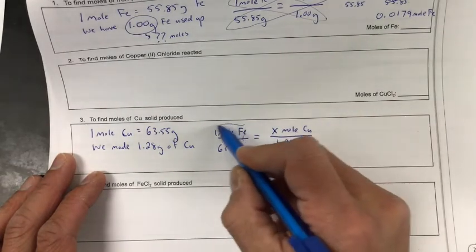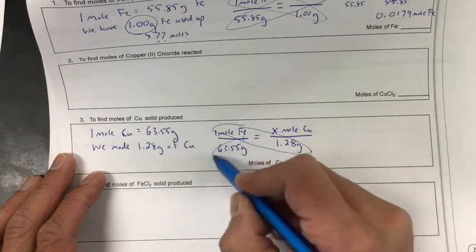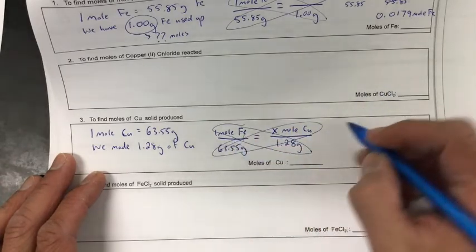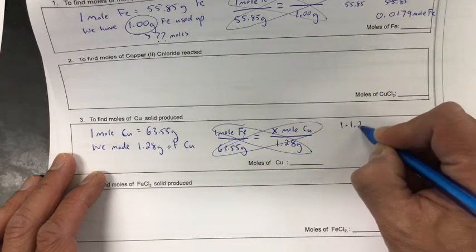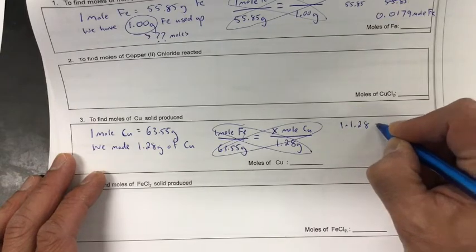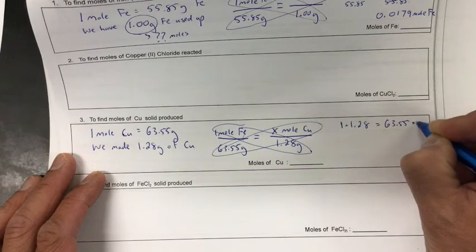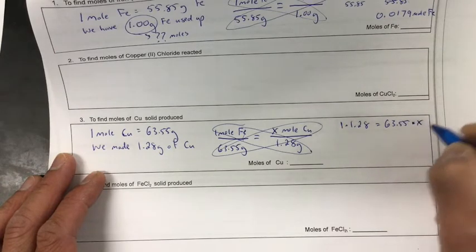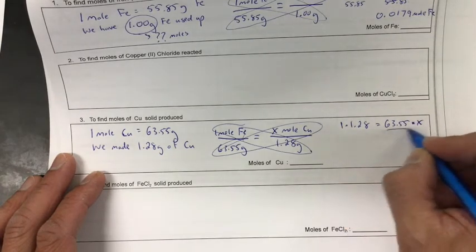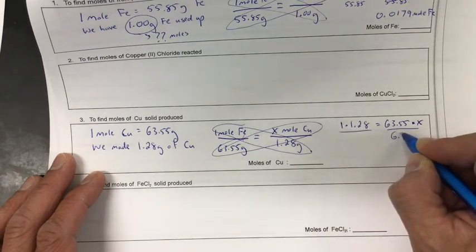And so I do my cross products. Okay. 1 times 1.28 equals 63.55 times X. And I'm going to divide both sides by 63.55.